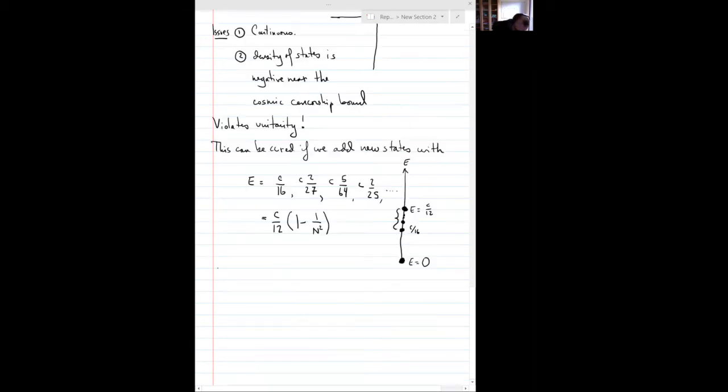So the conjecture then is that we must add these states in order to have a consistent theory of gravity, and in particular, a theory of gravity whose spectrum is unitary.